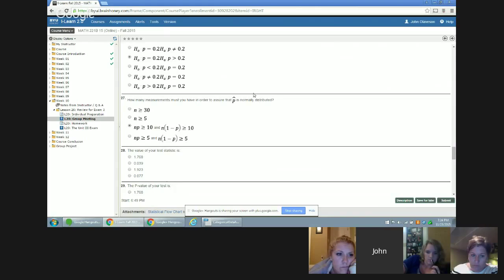I said that it meets the requirements of np is greater than or equal to 10 and n(1 minus p) is greater than or equal to 10. Yep. Remember, they might trick you. Remember we got tricked on number 7, which said X bar is normally distributed. So watch out for that on a test.